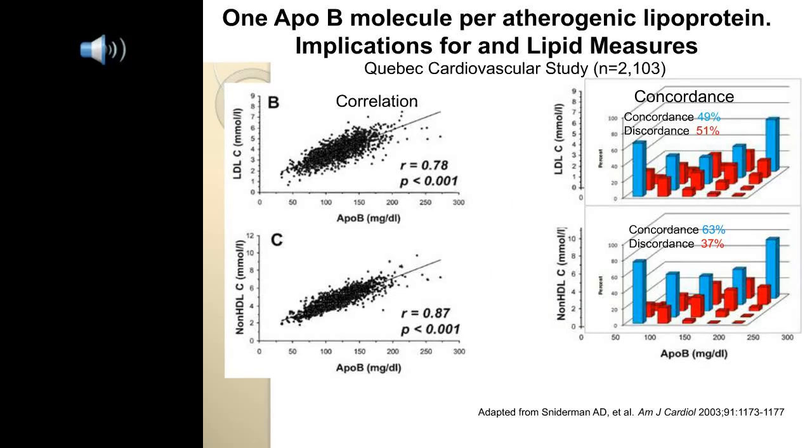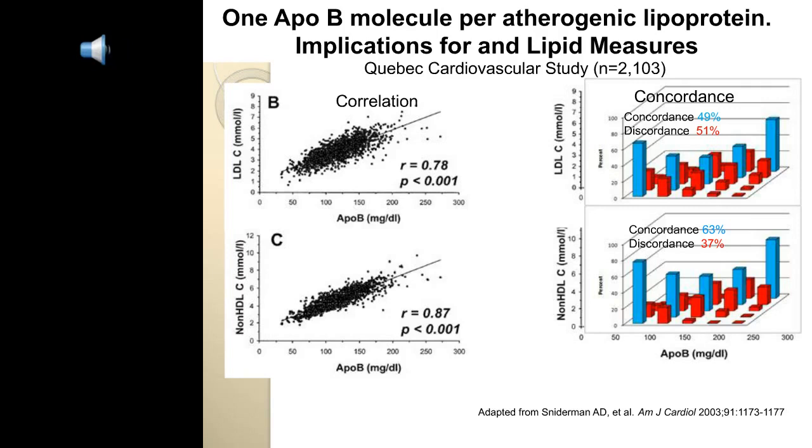And one of the consequences of this is if we use ApoB as a comparator, if you like a gold standard for assessing the number of LDL particles, we can look at the degree to which different derived calculations can approximate that measurement.